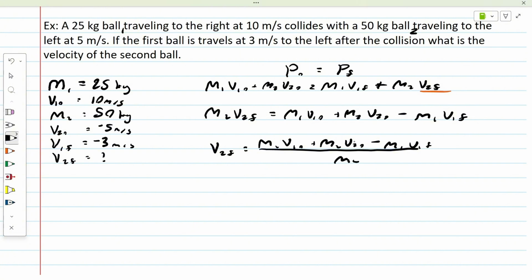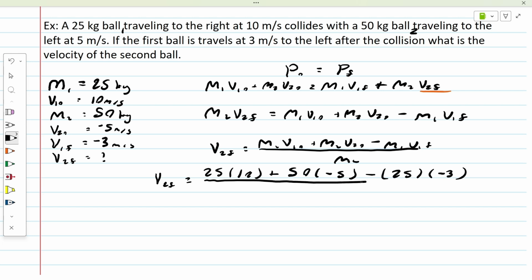Okay, so now we can just plug in our values and get this velocity. So m1, which is 25, v1, which is 10, plus m2, which is 50, v2 initial, which is negative 5, because the direction does matter here, minus m1, which is 25, and v1 final, which is negative 3, all over m2.